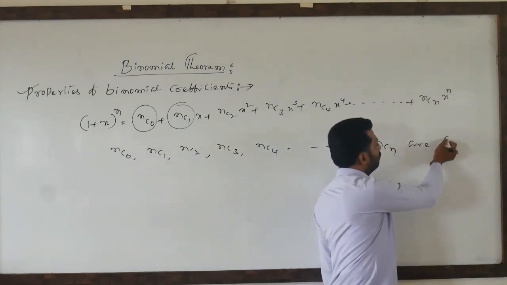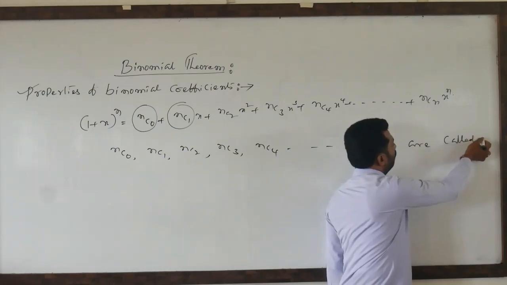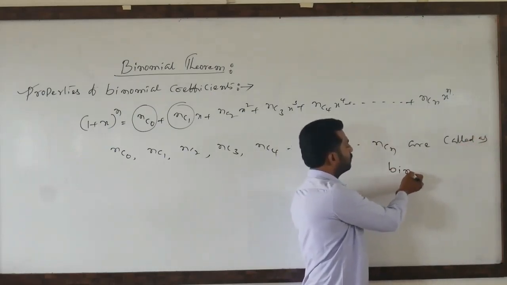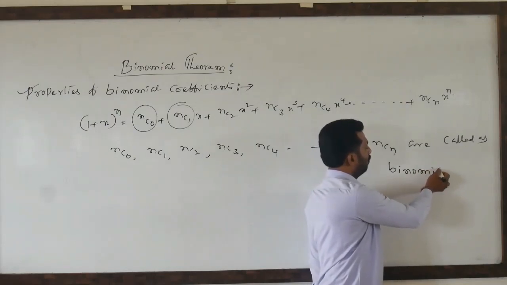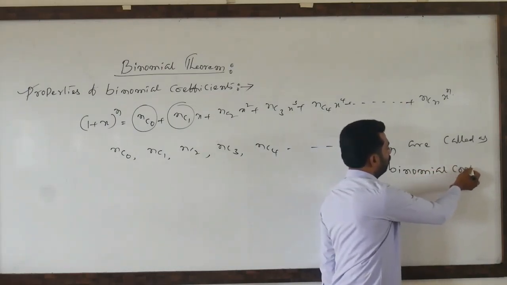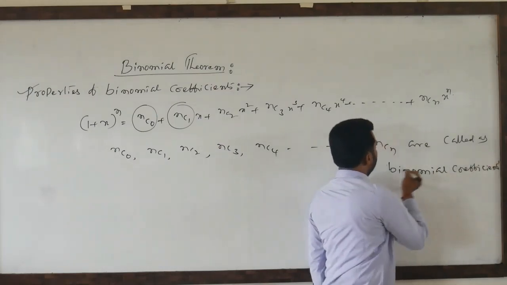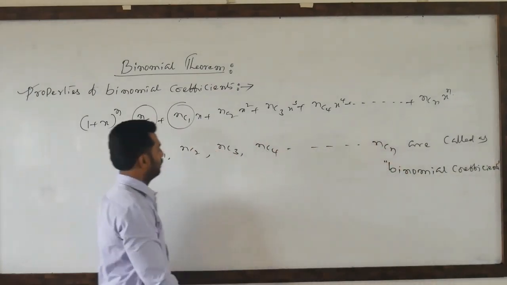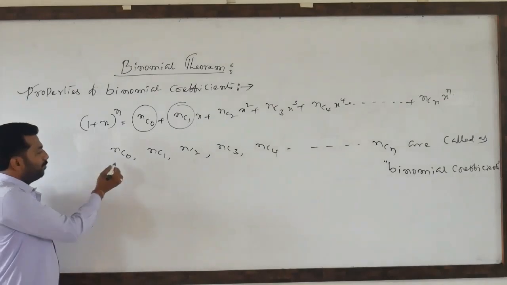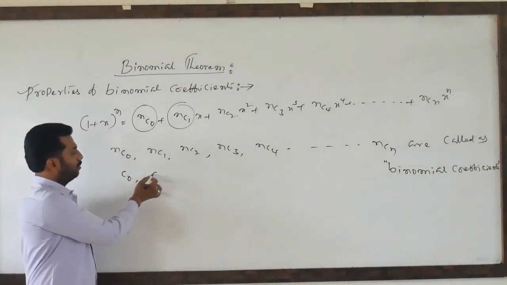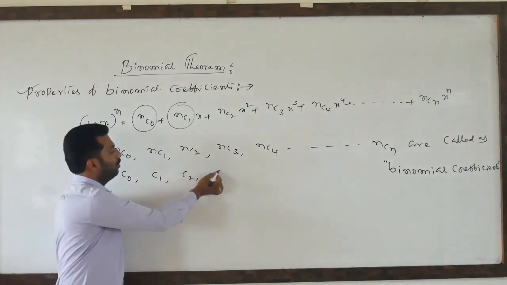These types of terms we call binomial coefficients. Also, suppose nC0 is there, you can represent it as C0 also, C1 also, C2 also.